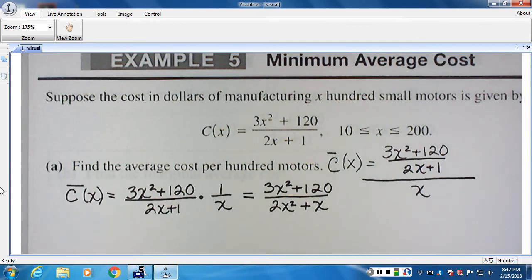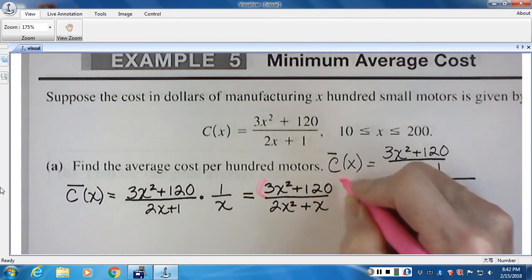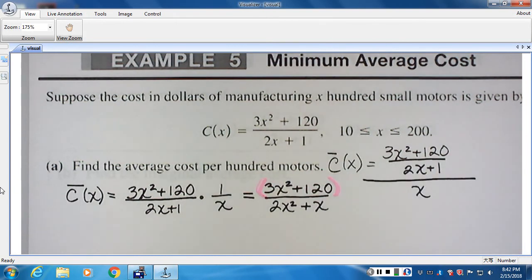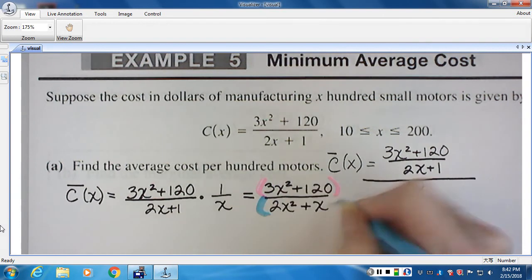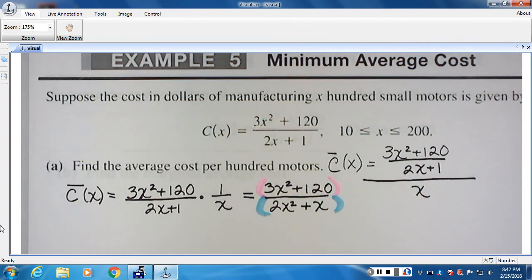So now that I've got it, I have a numerator. And I have a denominator. And if it asks me to find marginal cost in the next problem, which it's going to, I'll be easily able to do that. But it says find the average cost per 100 motors. You need to finish up this expression by saying what this is.